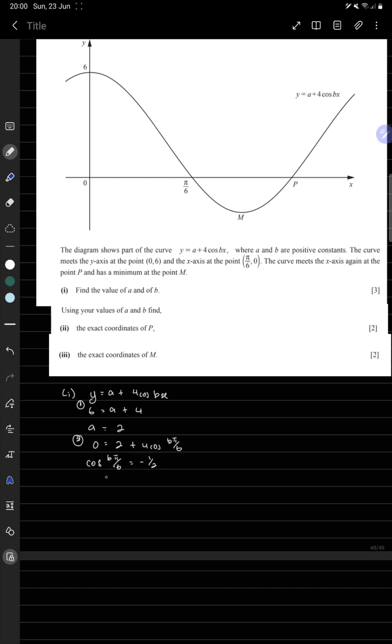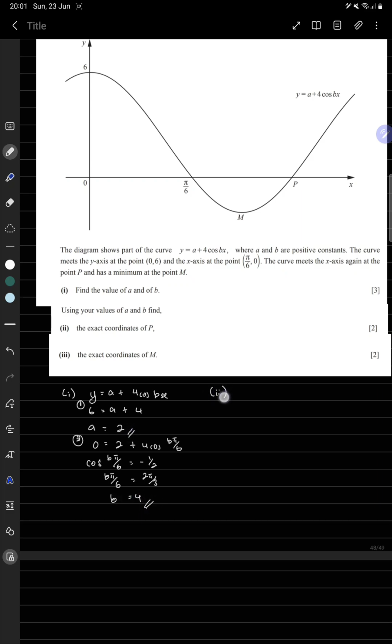Then we'll bring cos to the other side and we get 2 pi over 3. Then we can cancel the pi and cross multiply the 6 to the other side. We'll get b equals 4, and that's your final answer.